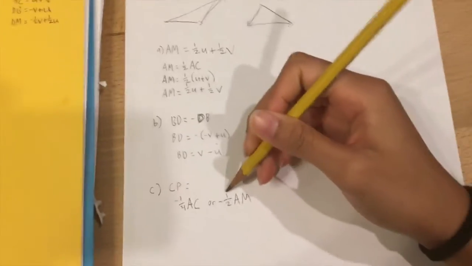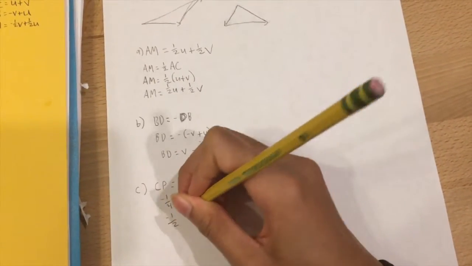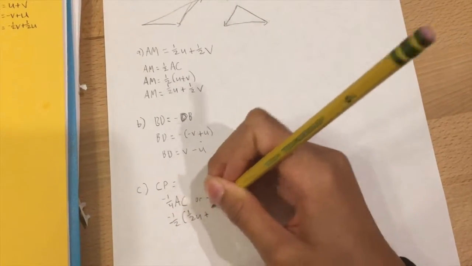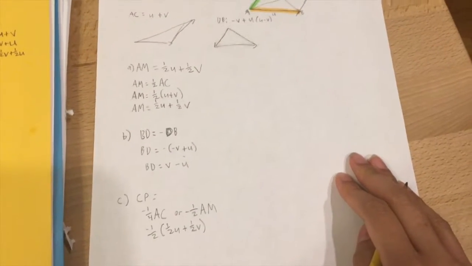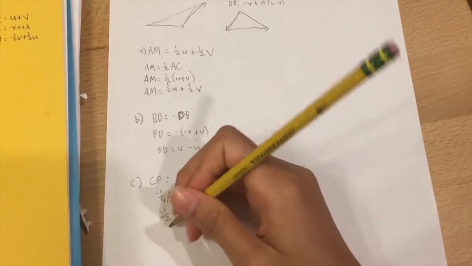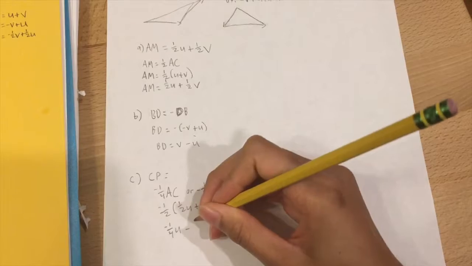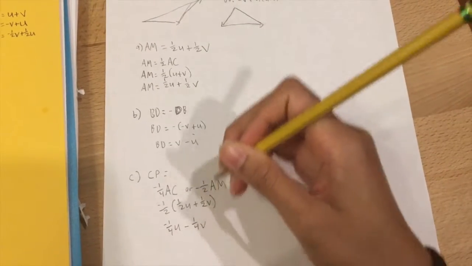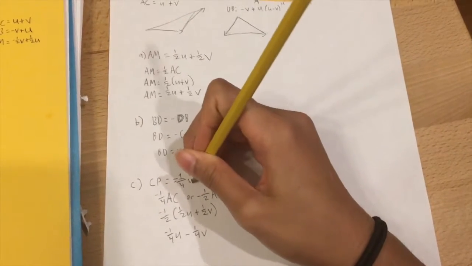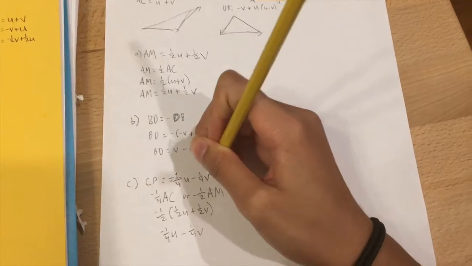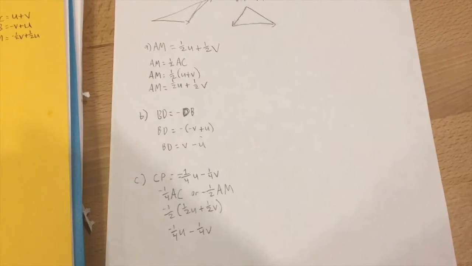I'm just going to solve it the negative 1/2 AM way, which is negative 1/4 U, negative 1/4 V. So that's the answer right there.